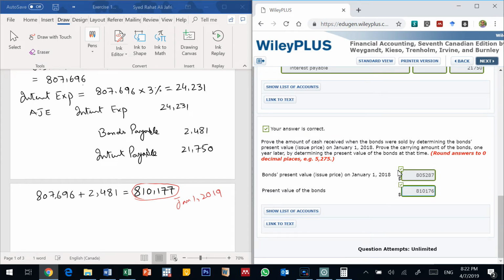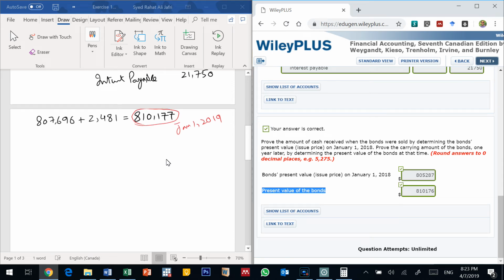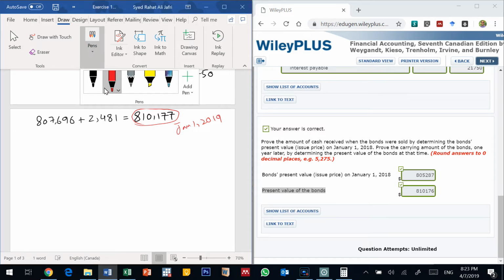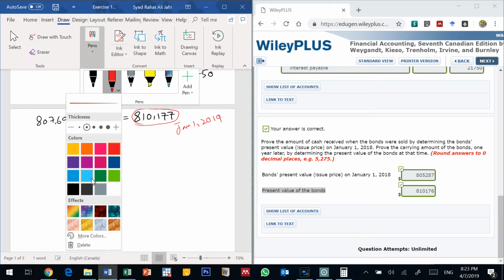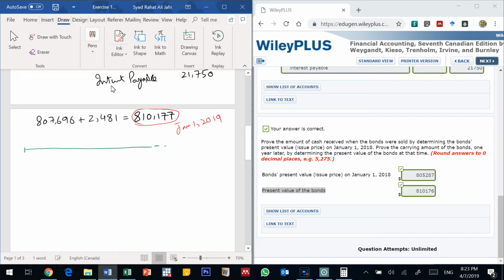Alternatively, if they're asking us to compute the present value of the bond, we can compute it using our PV table. So to help you think conceptually, let me create a timeline here. This is my bond timeline.